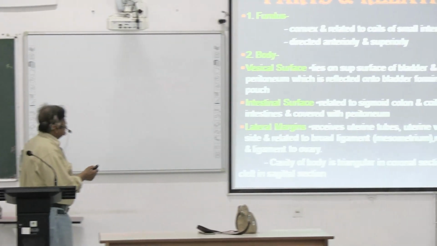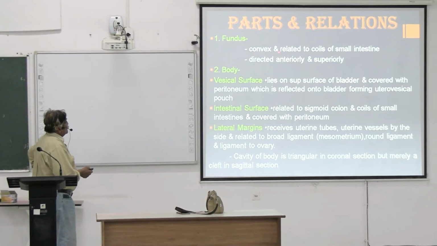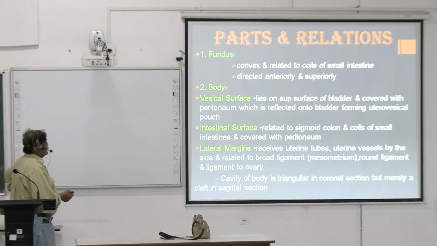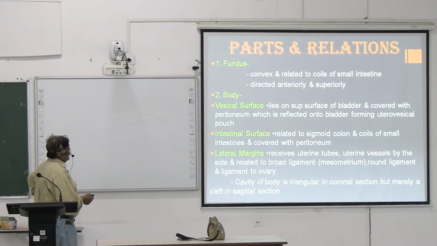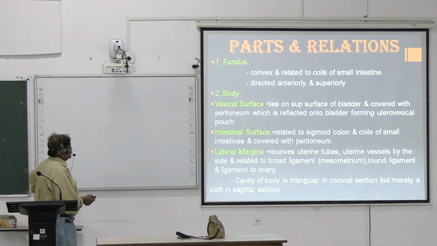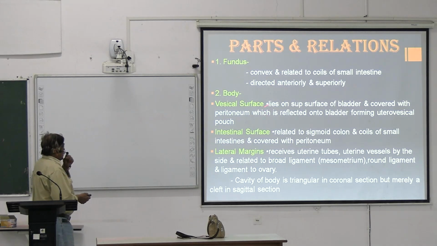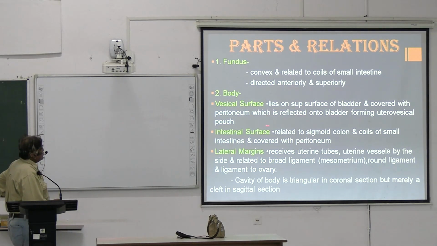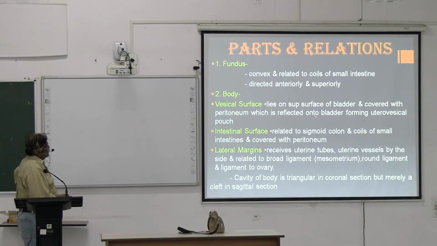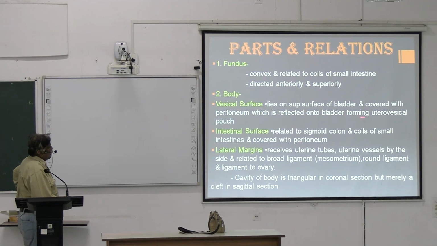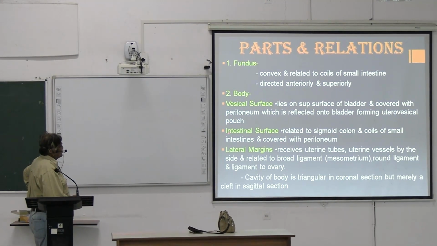Now parts and relations. Fundus, convex, related to the coils of small intestine, directed anteriorly and superiorly. Body, vesical surface lies on the superior surface of the bladder and is covered with peritoneum, which is reflected onto the bladder, forming the uterovesical pouch.